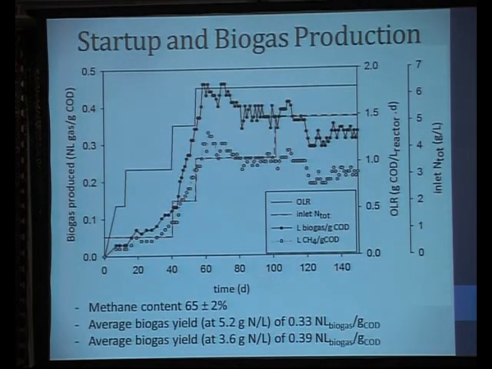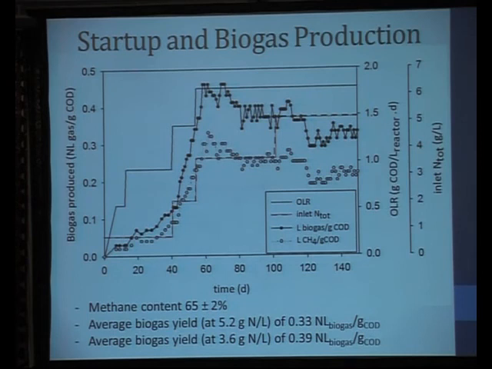So here's the startup of our system, and what you can see reported as a function of the operating time is the biogas production in terms of liters of biogas per gram of COD. Our biogas contains about 65% of methane. You can see also we ramped up the system.